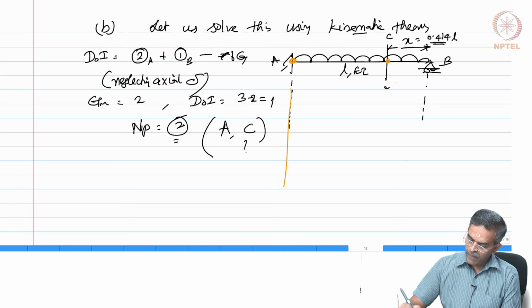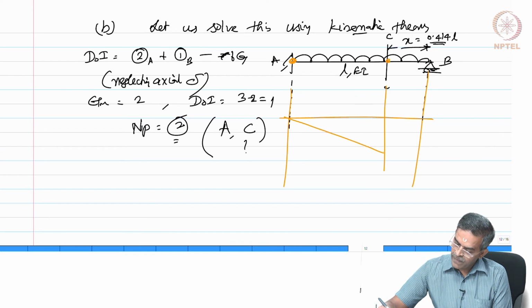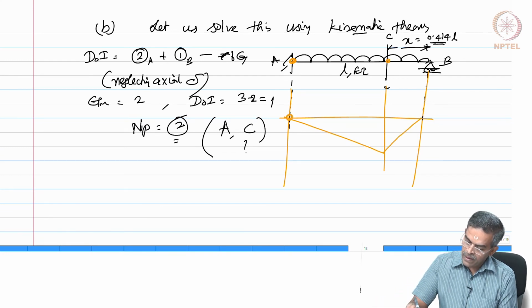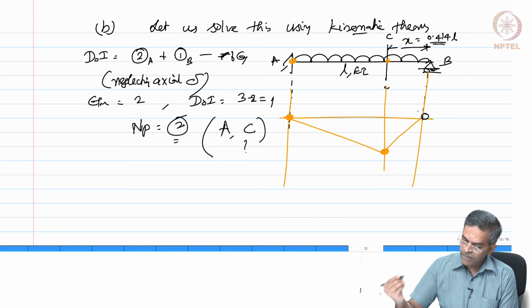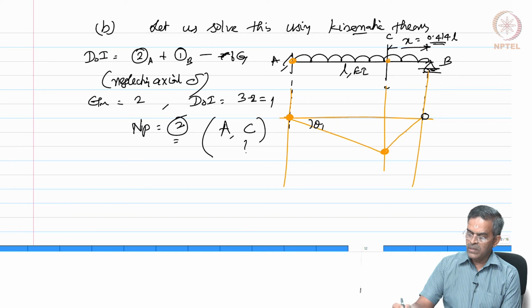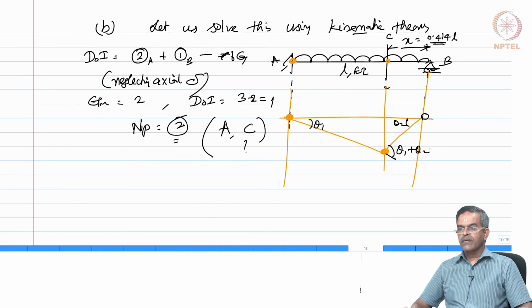Now, I can draw the deflected profile and draw the hinges. Say this is theta 1, this is theta 2, this is theta 1 plus theta 2. Okay.